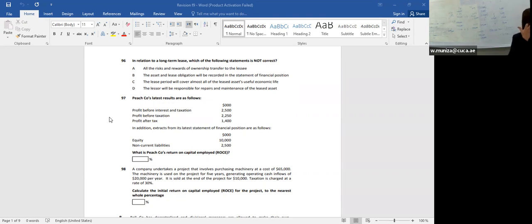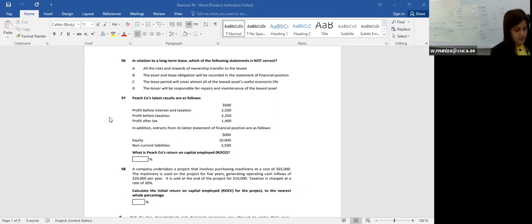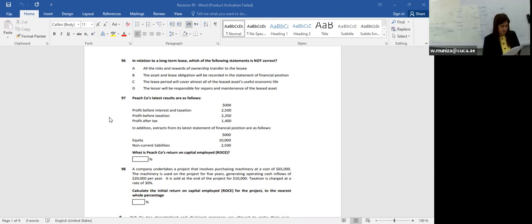So the sum of equity and non-current liabilities is 12,500. And our profit before interest and tax is 2,500. 2,500 divided by 12,500 is 0.20, that is 20%. Very good. So this is very simple.